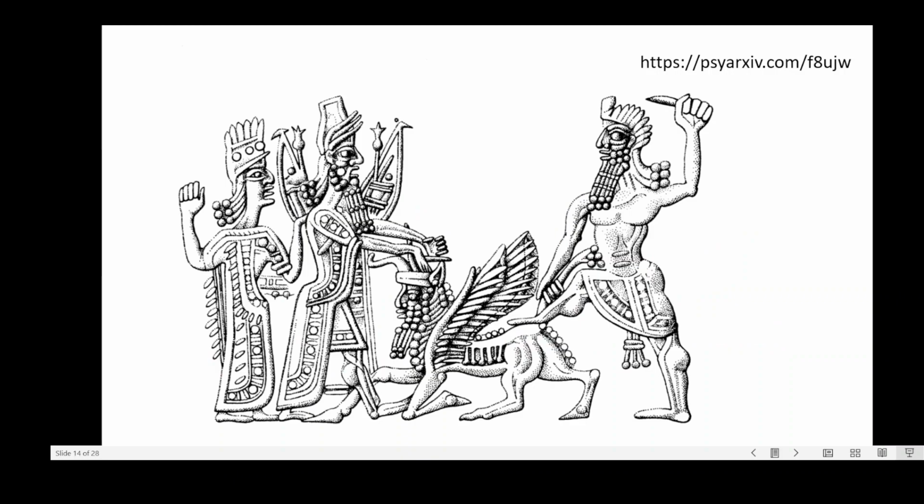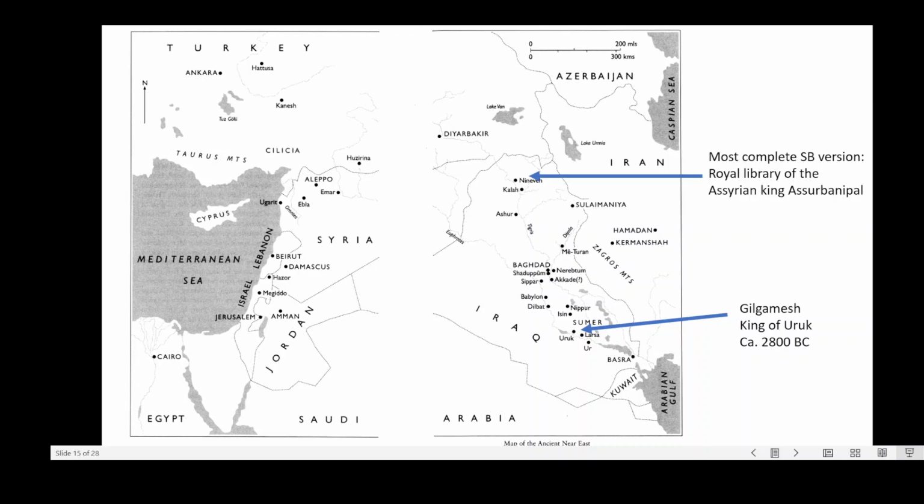So now shifting gear, let's move back about 4,000 years and focus on the story of Gilgamesh. Gilgamesh is a king, or we presume it was actually a person that lived about 2800 BC in the city of Uruk, and most likely was a king of that city.